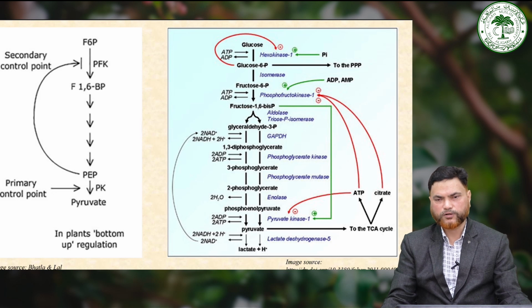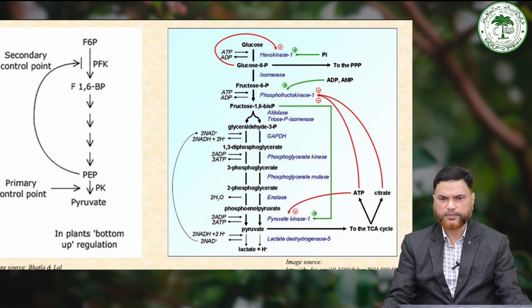The presence of adenosine monophosphate and ADP typically signifies a low energy state within the cell, invoking allosteric activation of glycolytic enzymes to accelerate the production of ATP through glycolysis.